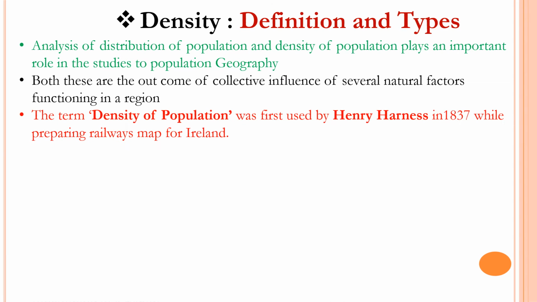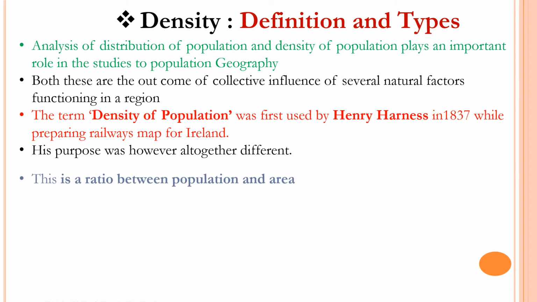The term density of population was first used by Henry Harrison in 1837, in preparing the railway map of Ireland.